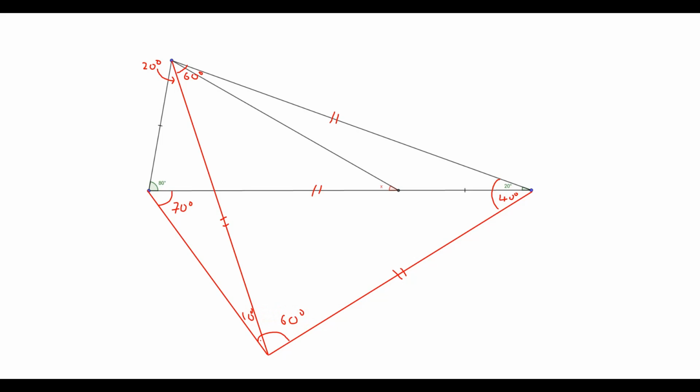But let's take a look at what I've built now. I've got a 20 degrees, a single line side, and a double line side, a 20 degrees, a single line side, and a double line side. So I've got these two congruent triangles, which I'll shade in green.